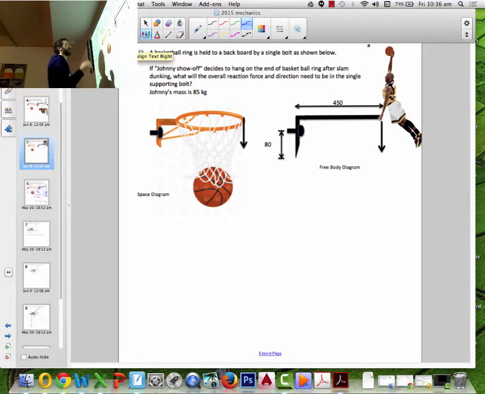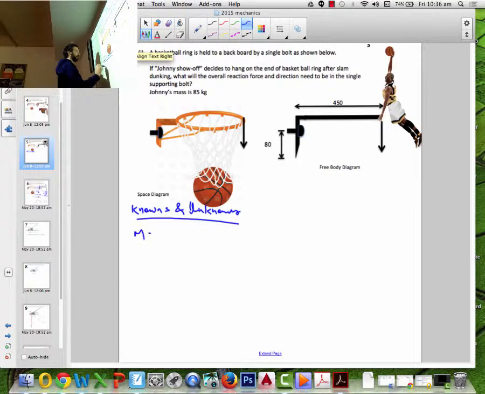Let's first work out what our knowns and unknowns are. I know Johnny weighs M equals 85, so his force is 85 times gravity.